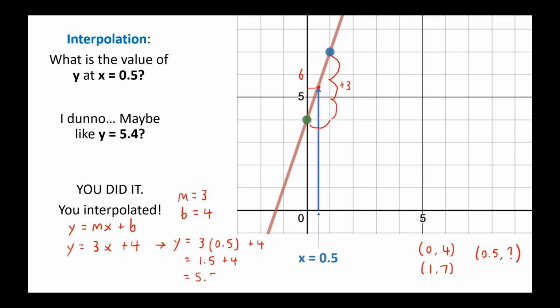So the more accurate answer would be y equals 5.5 instead of 5.4. It's still very close when you use interpolation. So unless you are able to easily form an equation from the linear relation here and solve it that way, you can use interpolation to either get a quick estimate or to solve.